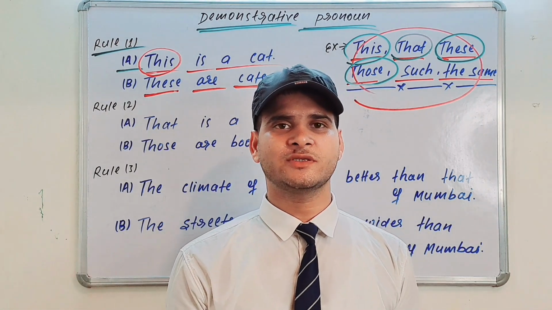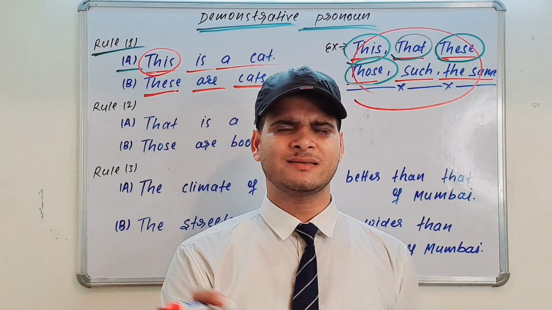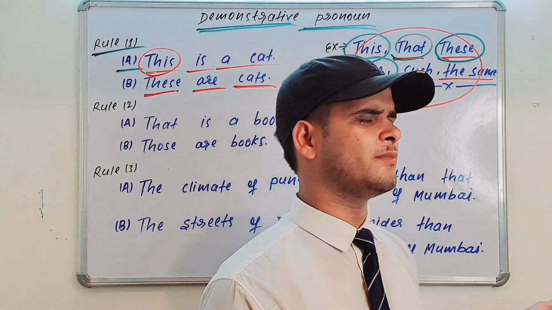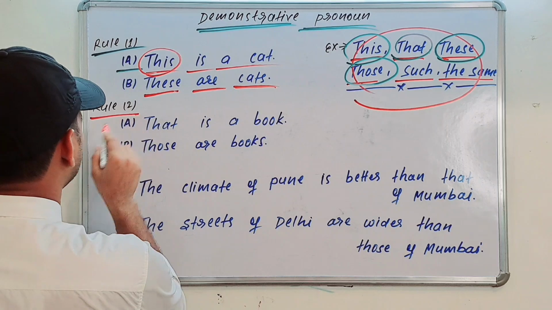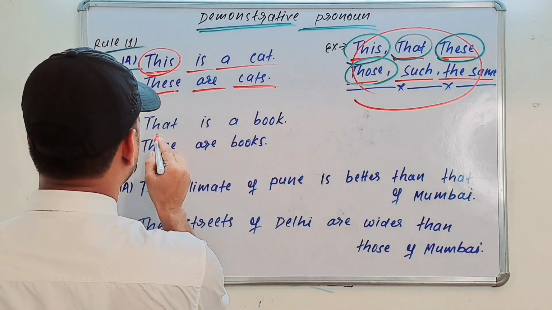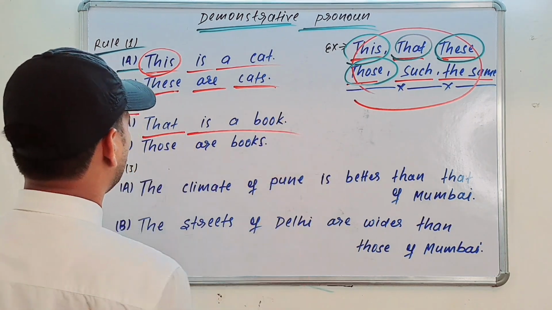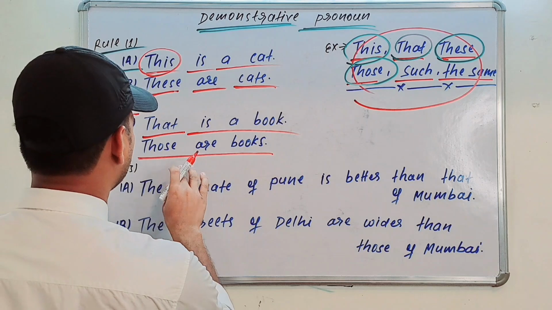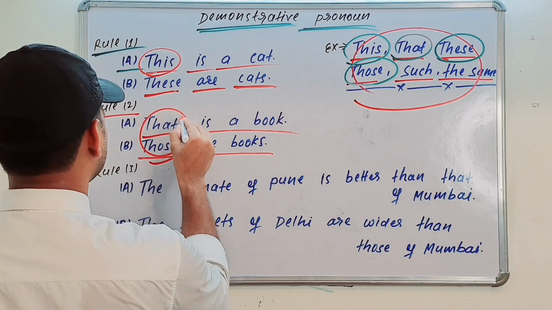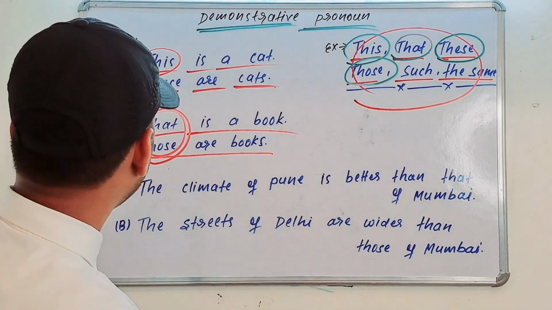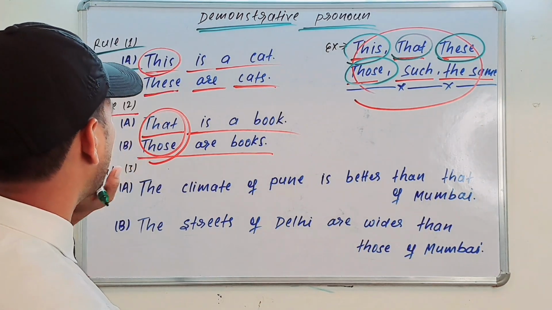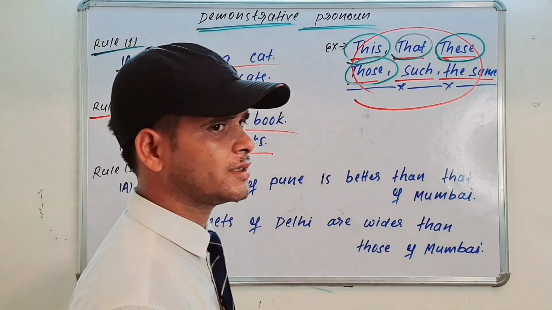Like here see, that is a book, those are books. So now you understand the use of that and those, this and these. I think you got it.